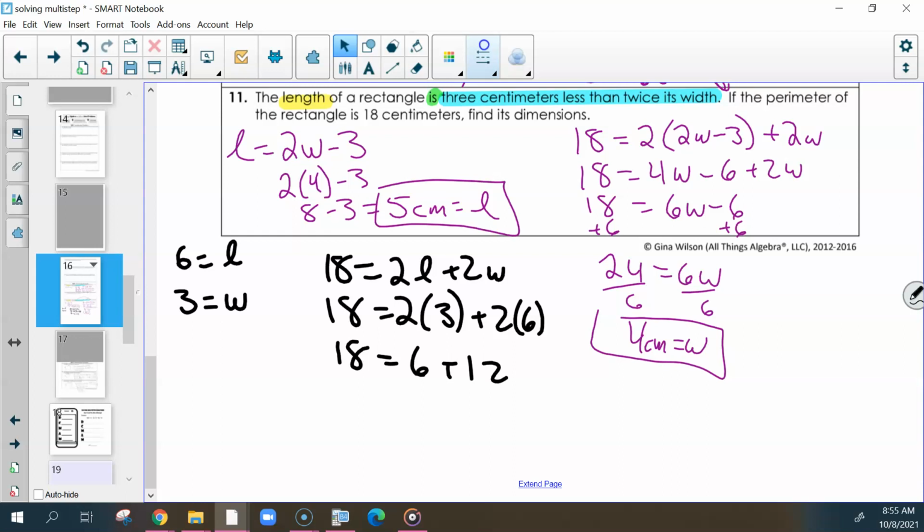Yes, this part works, but it wouldn't work for the equation. So then that means it wouldn't work for everything. Any other questions on that one?